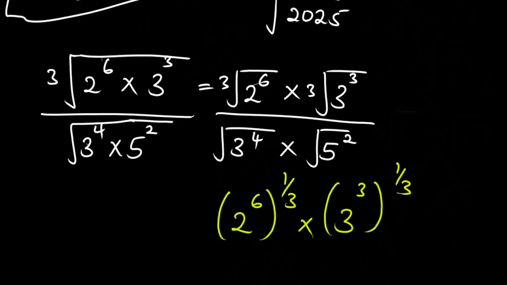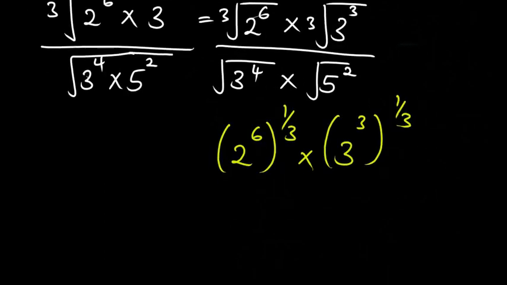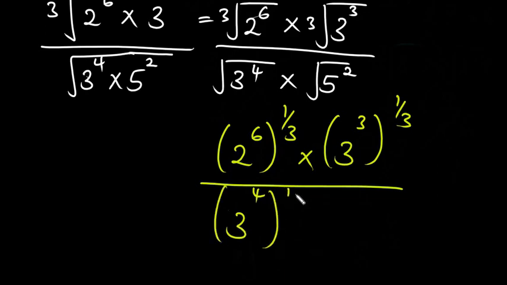And then we can go to the denominator. Instead of having the square root of 3 to power 4, we can have 3 raised to 4, and then all these raised to a half, and then times 5 squared, all these raised to a half.